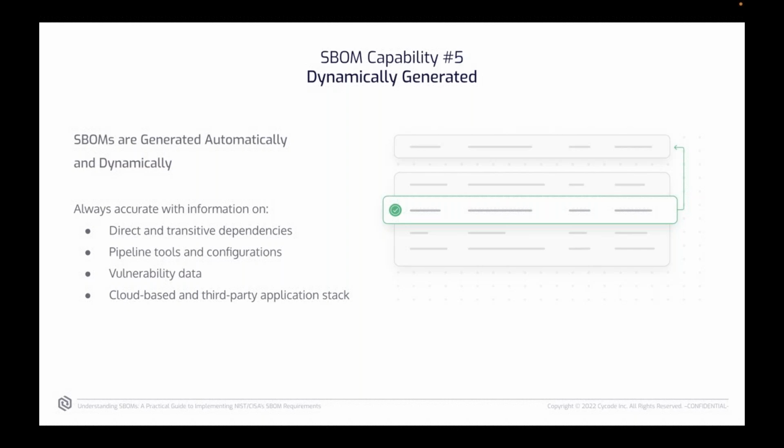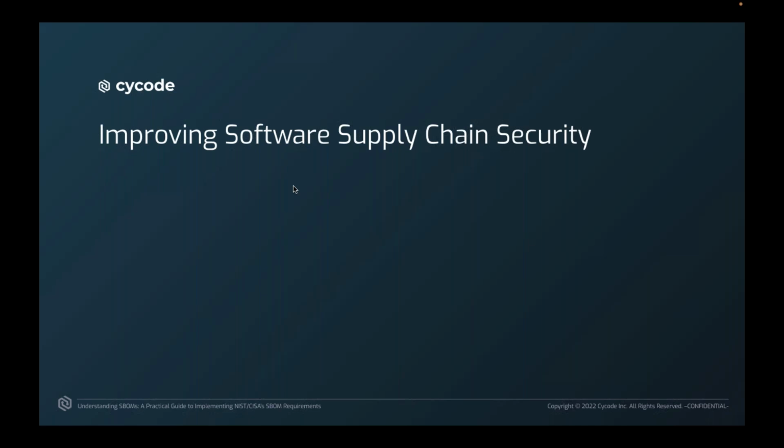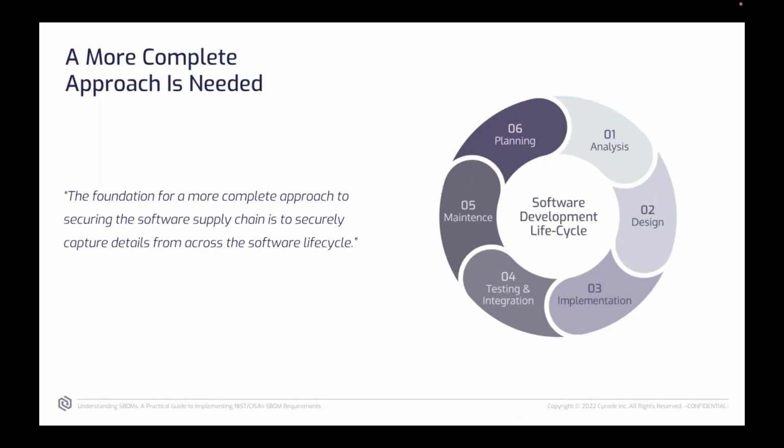And then, ideally, with this dynamically generated SBOM, you would be able to suck in your cloud-based application stack and understand what's happening in runtime so that you can then scan and understand any vulnerabilities that might be part of your cloud environments. That, again, you can identify it and you can lock down your software supply chain from code to cloud. So again, these are just some of the things that we think are really good and will help you improve your software supply chain security.